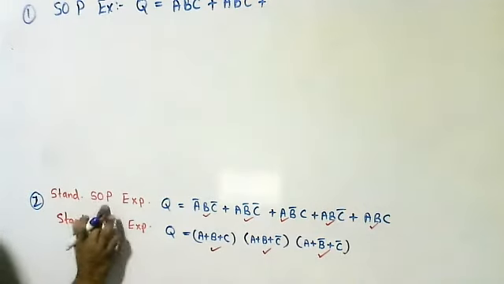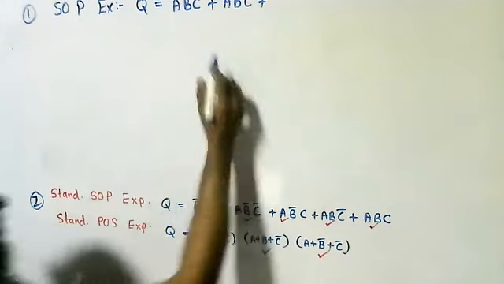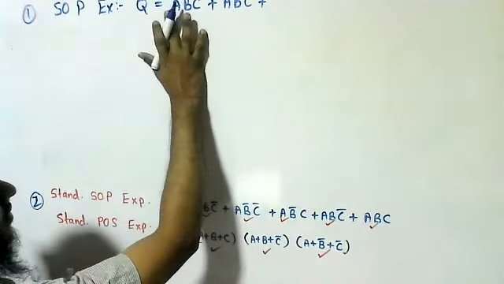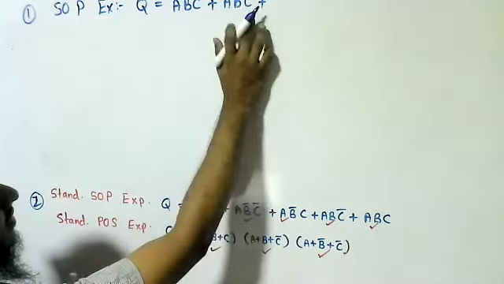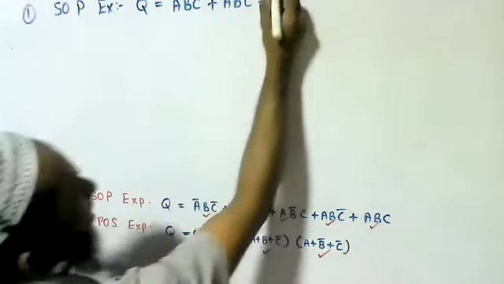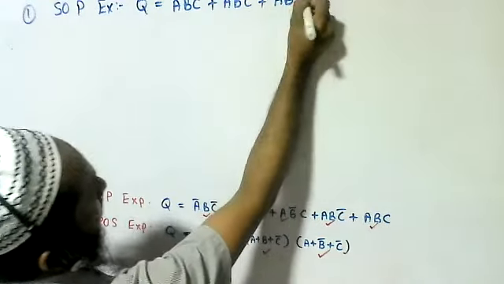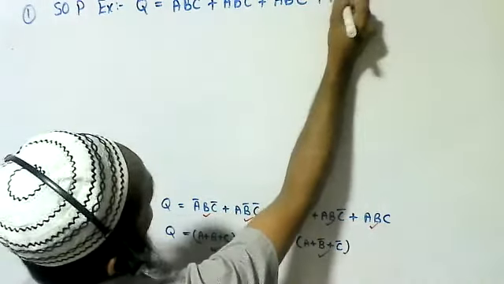I'm asking for the standard SOP expression: A, B, C bar plus A, B, C. These two minterms. Then the third one, A bar, B, C, and A, B, C bar, plus A, B, C.